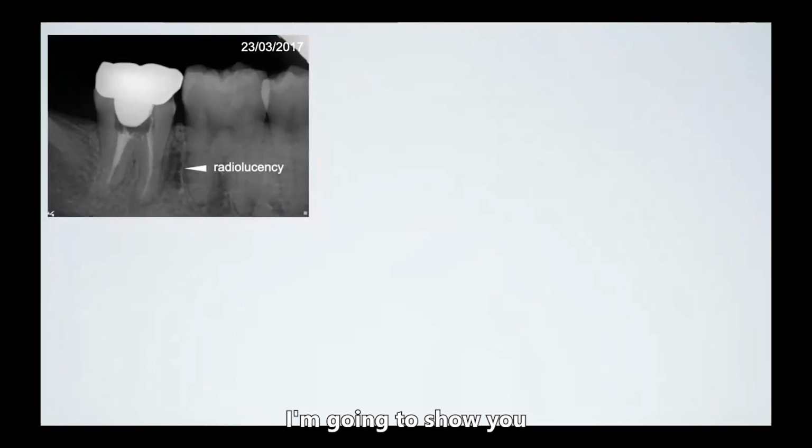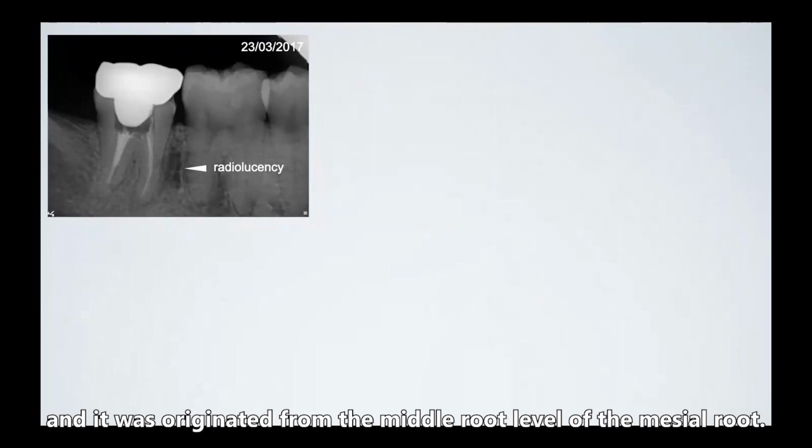I'm gonna show you another interesting case regarding perforation repair. A young male patient presented with dull pain, and he felt a bad taste on his right lower second molar. A sinus tract was found, and it originated from the mid-root level of the mesial root.